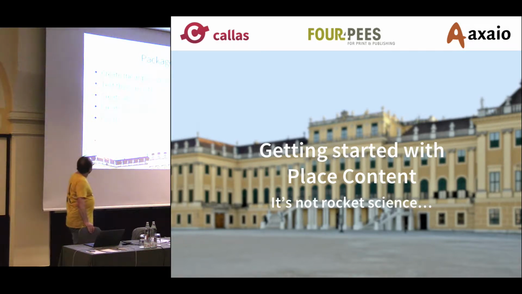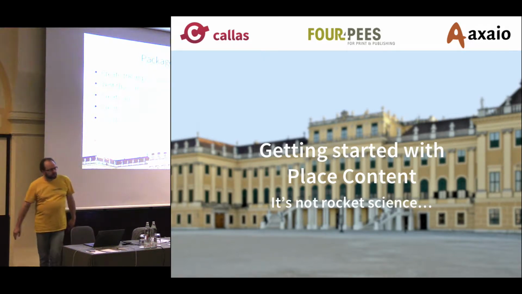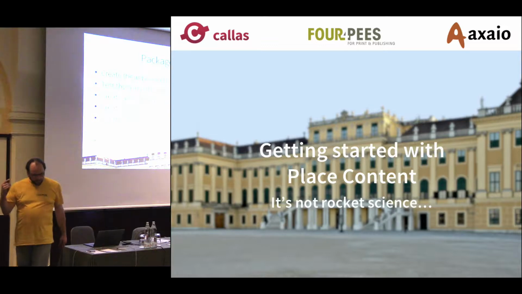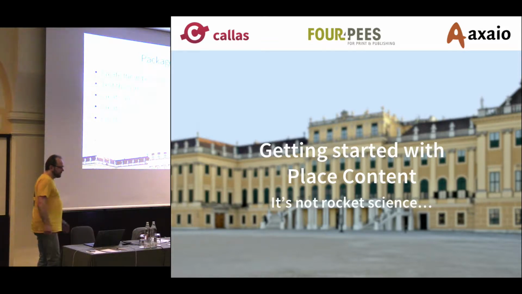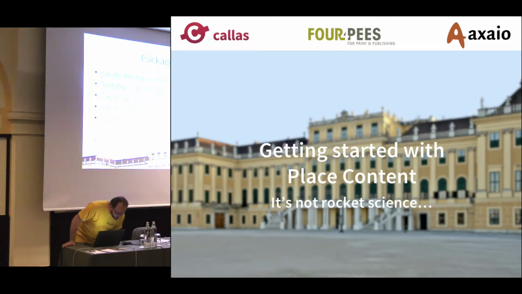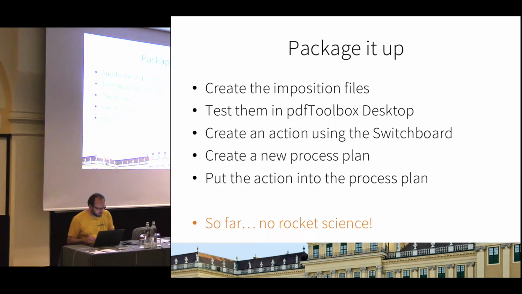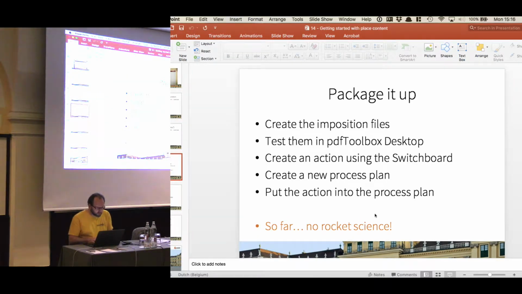Okay, so you've seen that imposition config. Of course, we still need a way to apply it, and the easiest way is to do it using actions and so on.